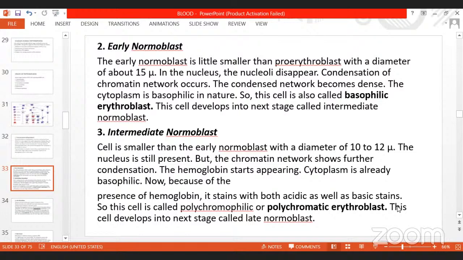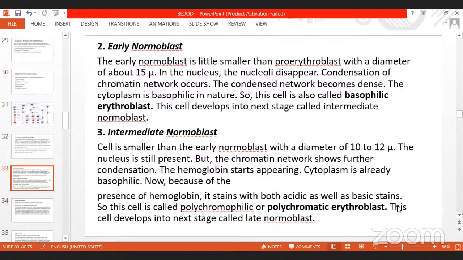The cytoplasm is already basophilic. Now the presence of hemoglobin stains the cytoplasm acidic. So it is acidic and basic, and it is known as polychromatic erythroblast. Polychromophilic, both these stains are present.